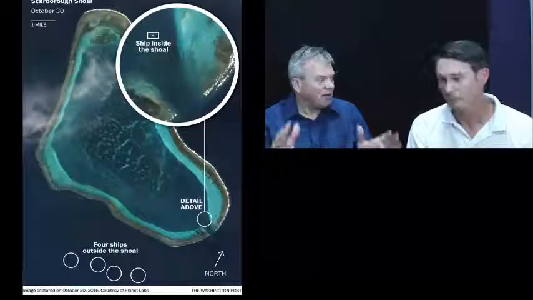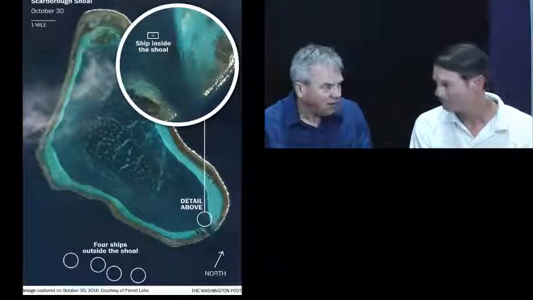So in that sense, it doesn't matter what the Scarborough Shoal is. Once you say it's within the 200-mile zone, the question of who should be controlling entry into that ring fence, if you will, in double quotation marks, is answered.